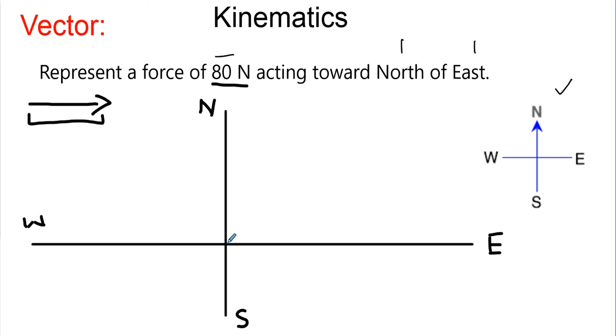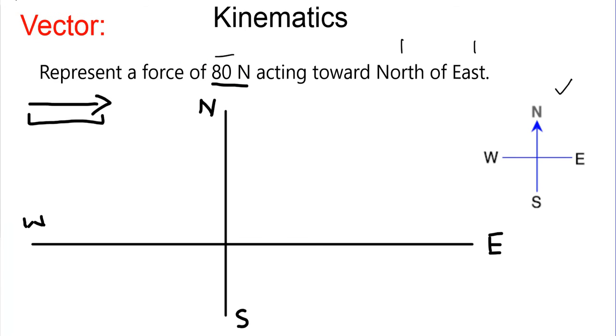I can draw any line in between these two directions, north and east. Now how will I represent 80 Newton in terms of length? For that I need to establish a scale.